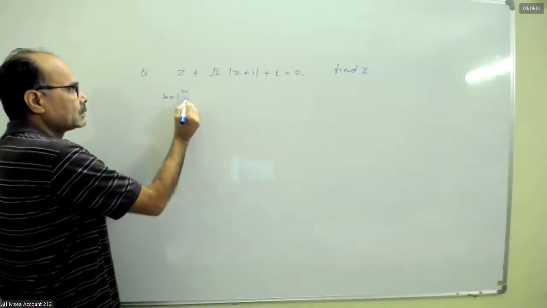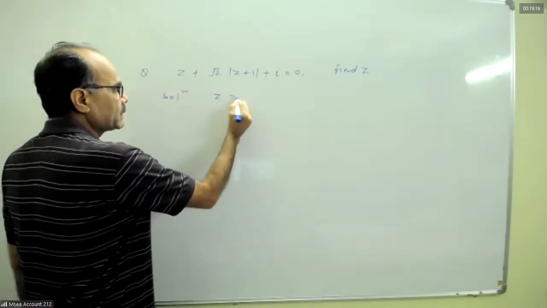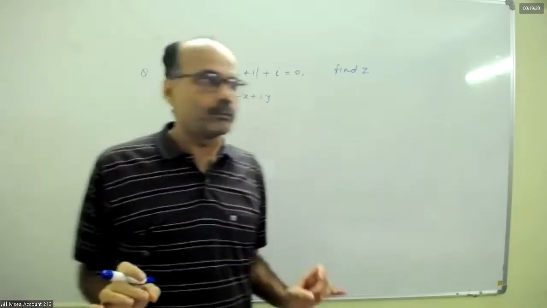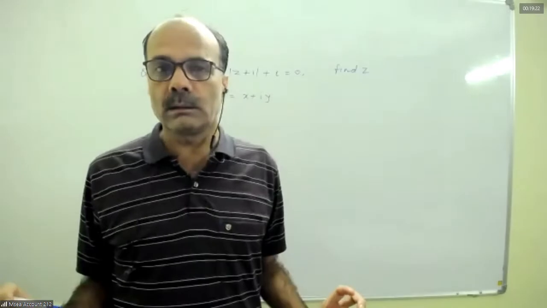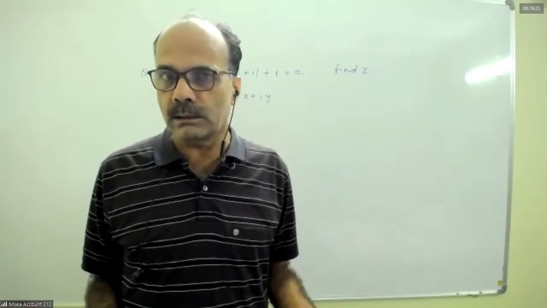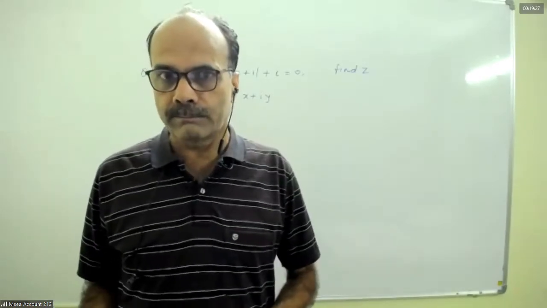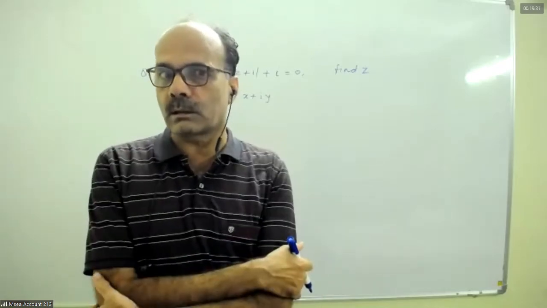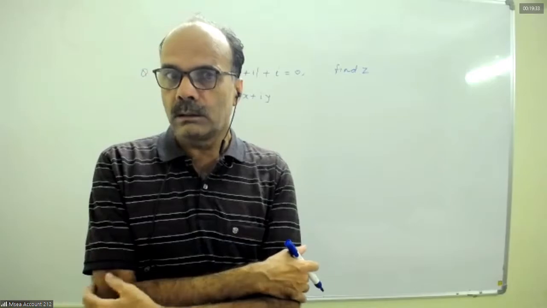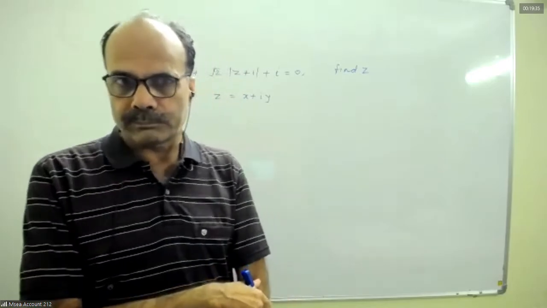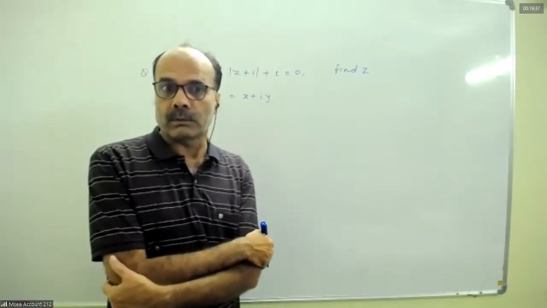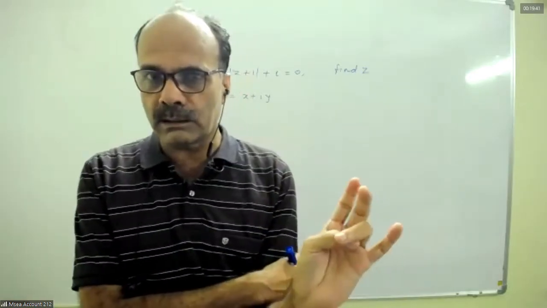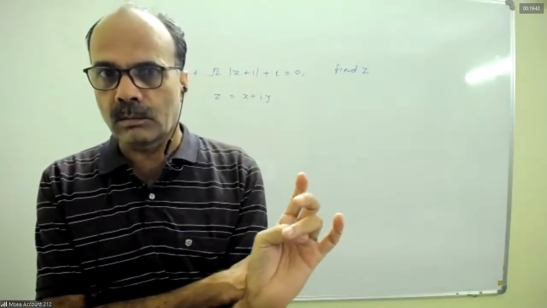So, if z equals x plus iy. See, if two complex numbers are equal, their corresponding real parts are equal, their corresponding imaginary parts are equal. If a complex number is 0, its real part is 0, its imaginary part is 0.